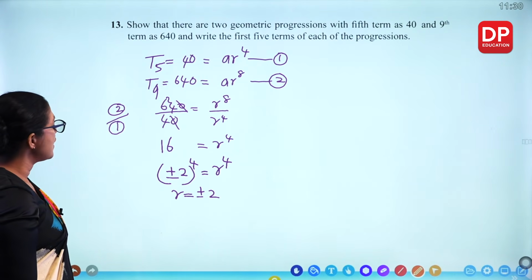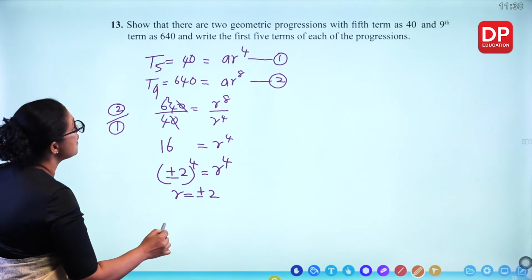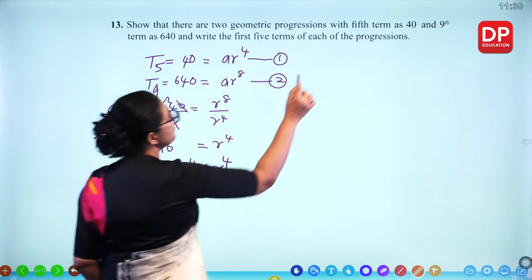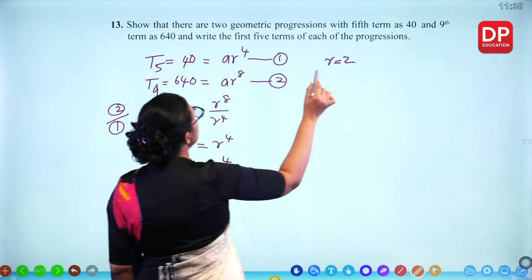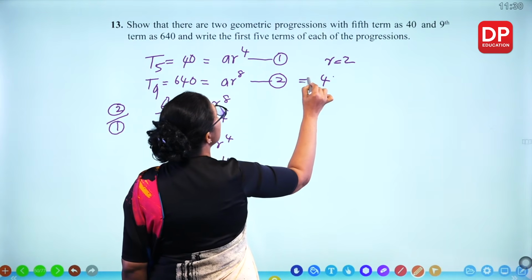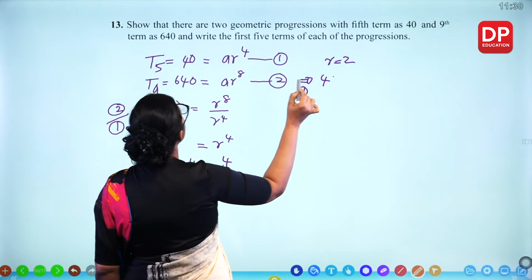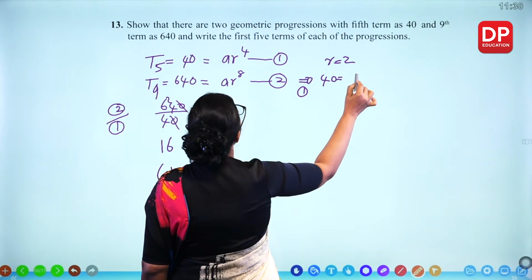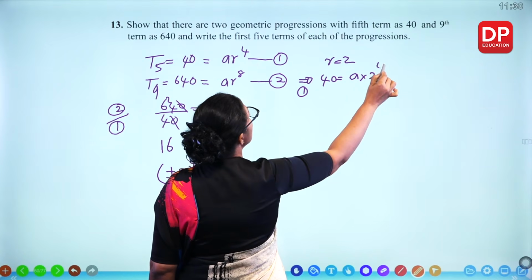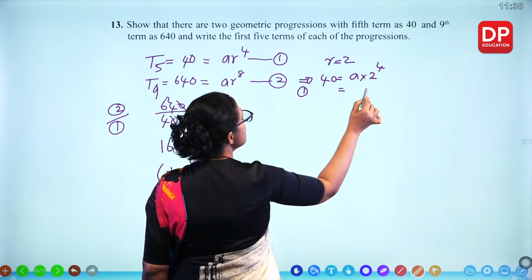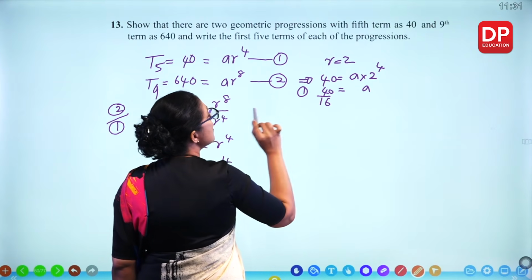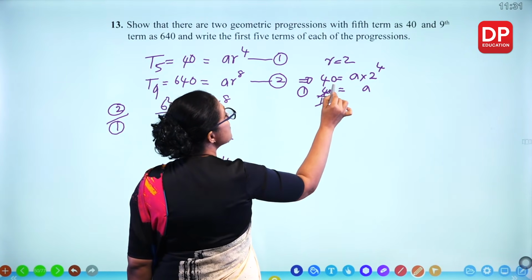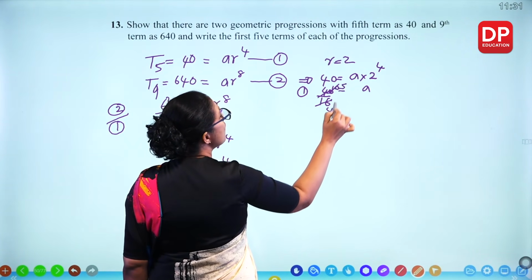Now, you need to find out the a values. If r equals plus 2, what's the a value? I'll plug it into the first equation. 40 equals a into 2 to the power 4. 2 to the power 4 is 16. So, a is 40 divided by 16. 4 times 4, 4 times 10, divided by 2, 5 and 2.